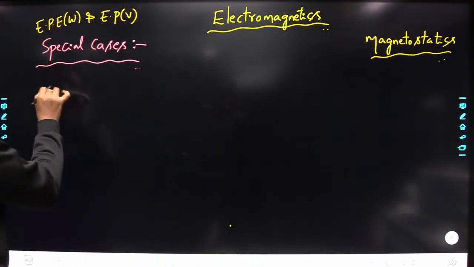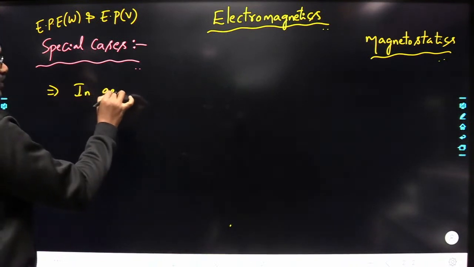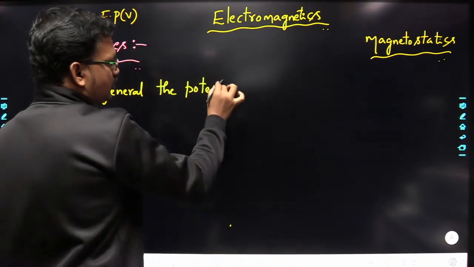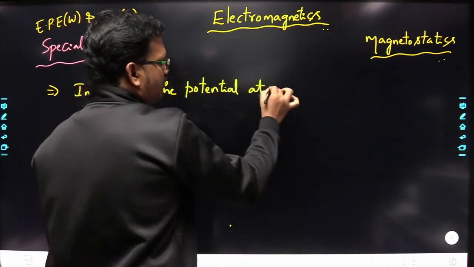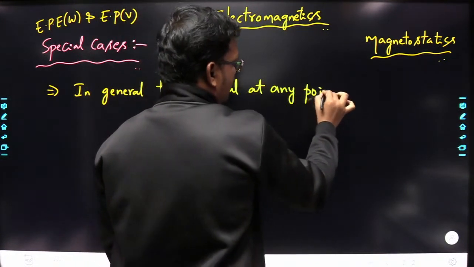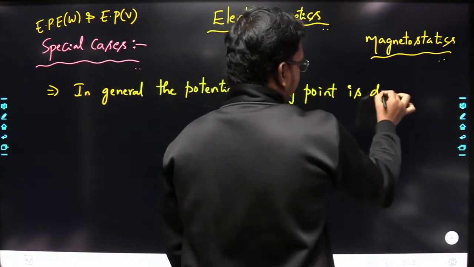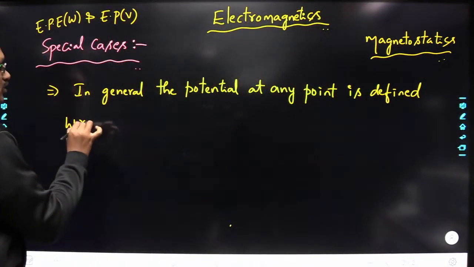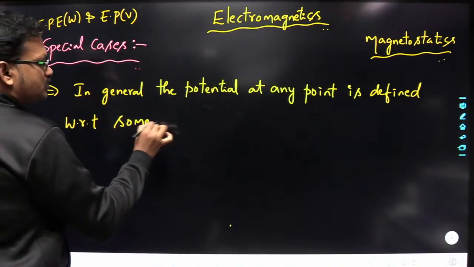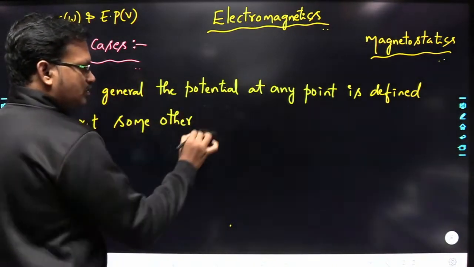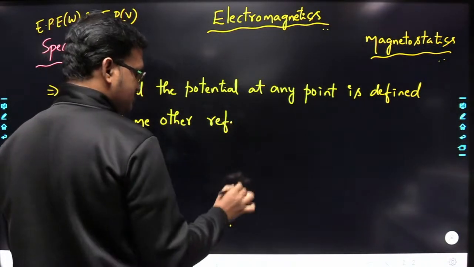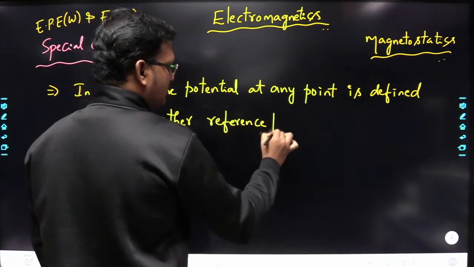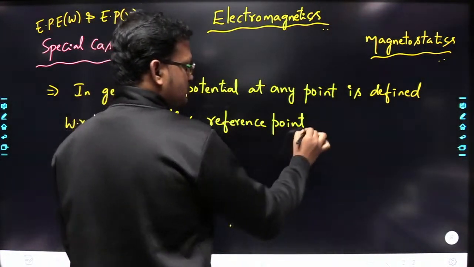So in general, the potential at any point is defined with respect to some other reference point.